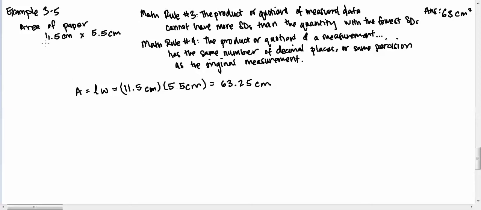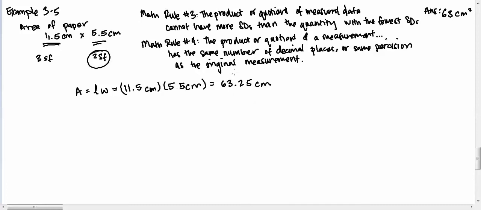But the question is, how many significant figures did I have to begin with? Well, this number right here had 3 sig figs, whereas this number right here had 2 sig figs. So my answer can only have the same number of sig figs as the lowest measurement, and when doing multiplication and division, that would only be 2 sig figs in this case.